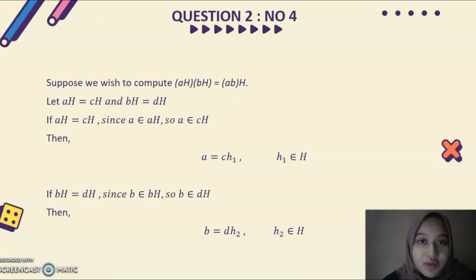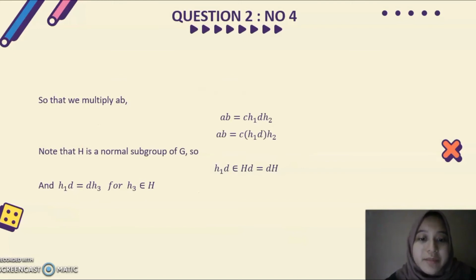Since a is an element in aH, we can say that a is also an element in cH. Then, we let a equal to ch1, where h1 is an element in the subgroup H, and also since b is an element in dH, we let b equal to dh2, where h2 is an element of the subgroup H.